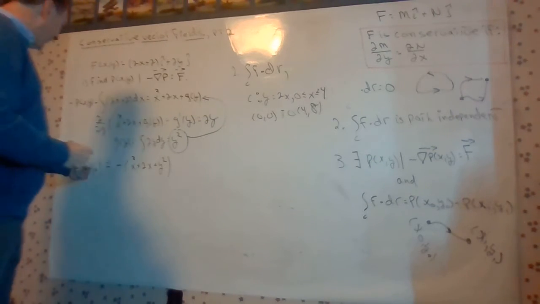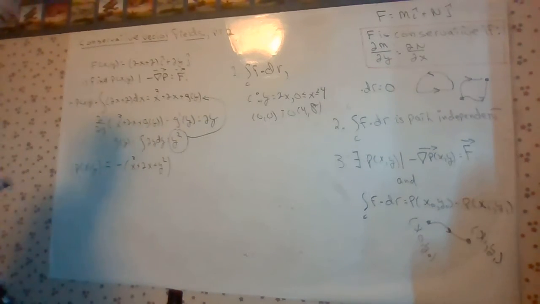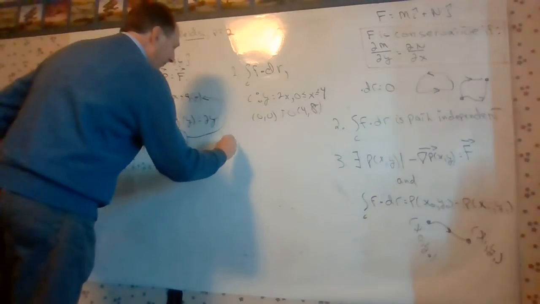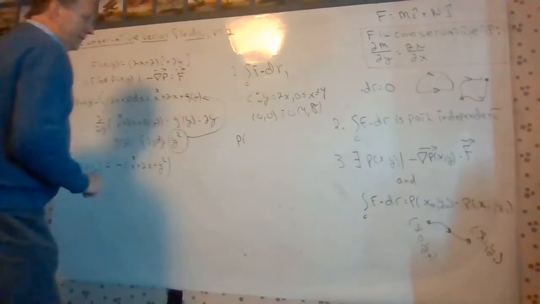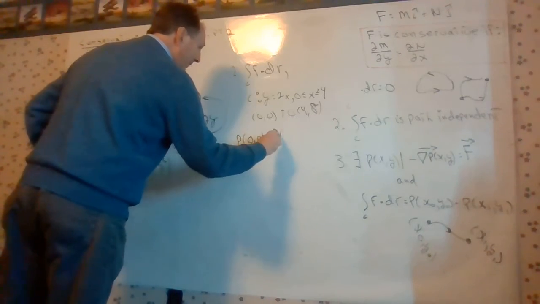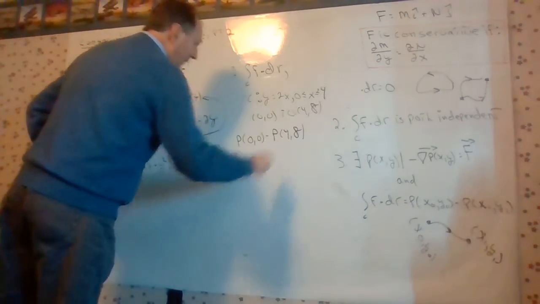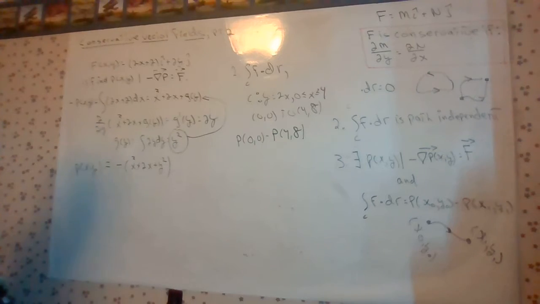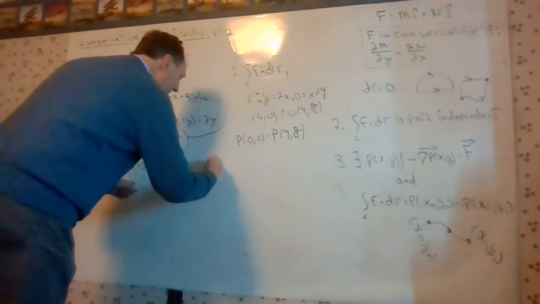Well, guess what? We can evaluate this line integral as p of the initial point minus p of the final point. Plug in the initial point.